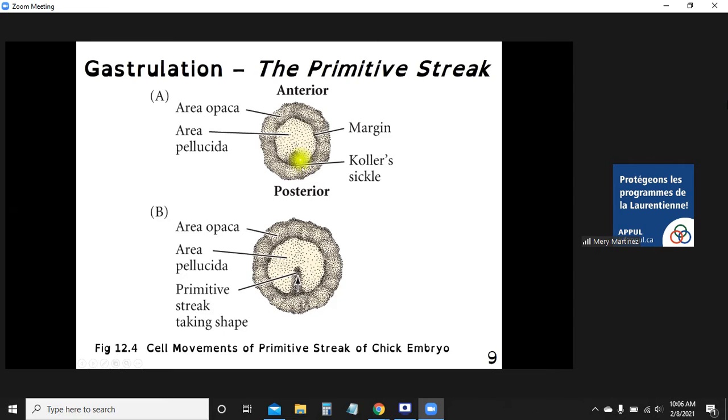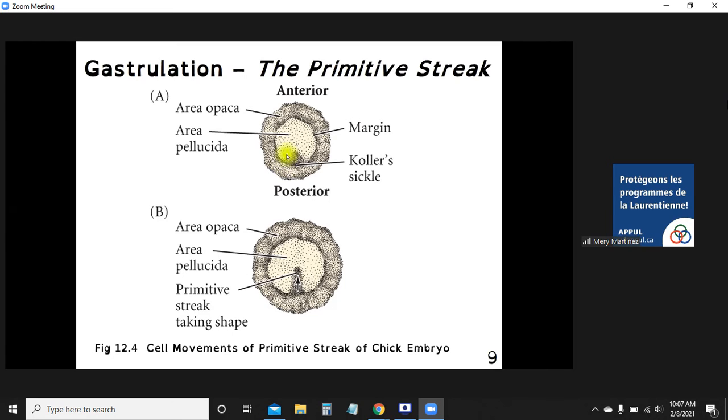So we have a thickening happening right here, placed in the section of the epiblast. Remember, the epiblast is the section of the embryo that creates most of the embryo, okay? And this is where the Koller's sickle is placed. So this is the section where gastrulation will start.